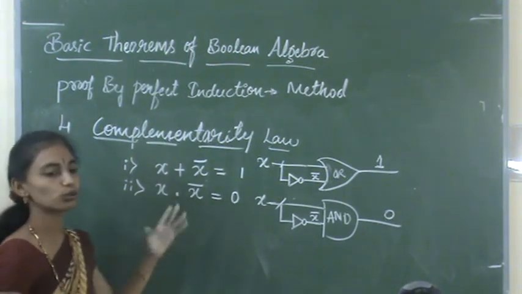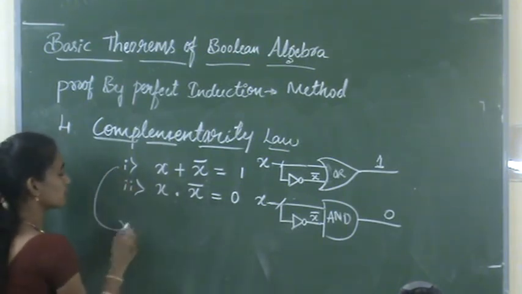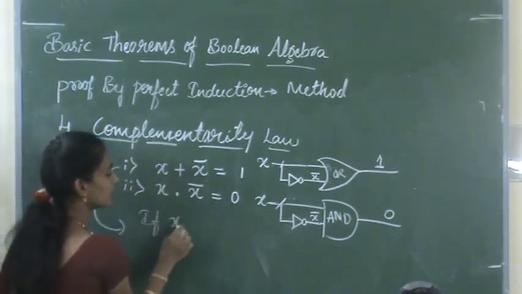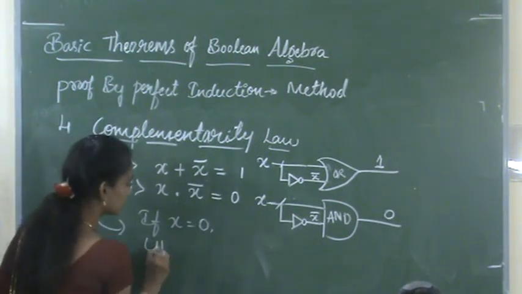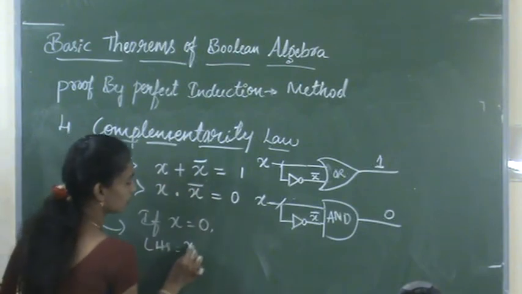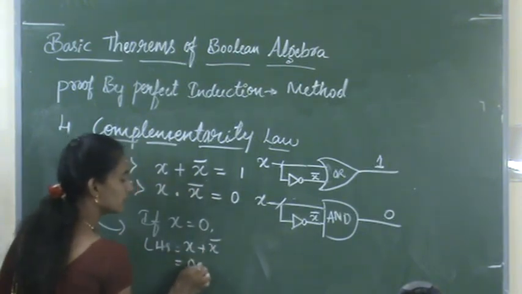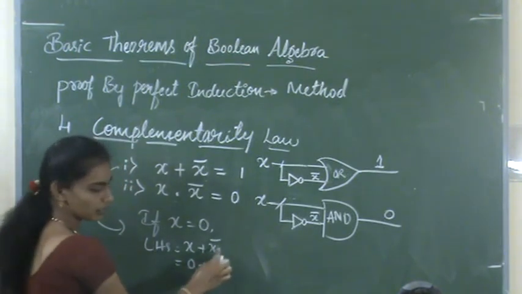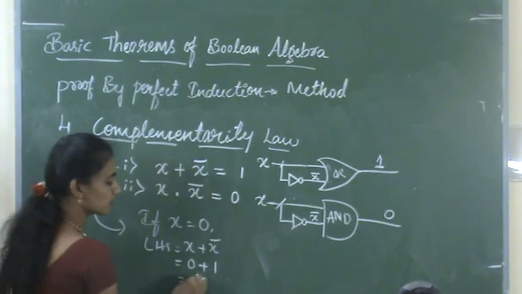So let me see how to prove this by the algebraic method. First, if I give x as 0, then what will be the LHS? That is x plus x bar. What is the x value? That is 0. What will be x bar? The complement of 0 is 1. So what will be the result? 1.